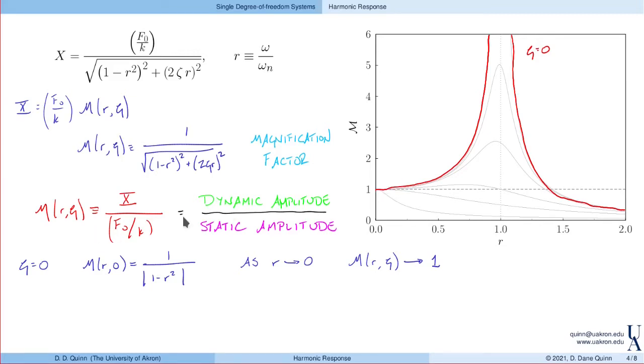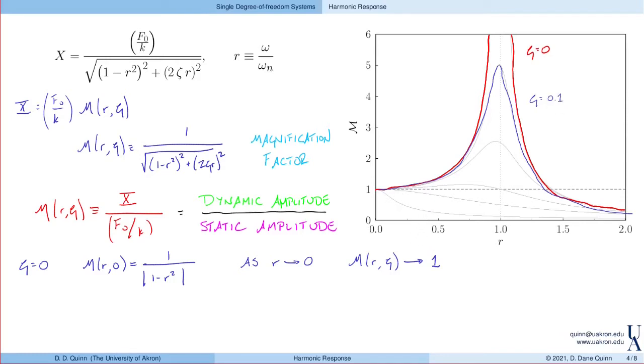So what happens if we take a bunch of different values of zeta? Well, it ends up looking like this. Right? So if I take, for example, zeta small, we have a picture that looks like this. So this is actually the curve for zeta is equal to 0.1.